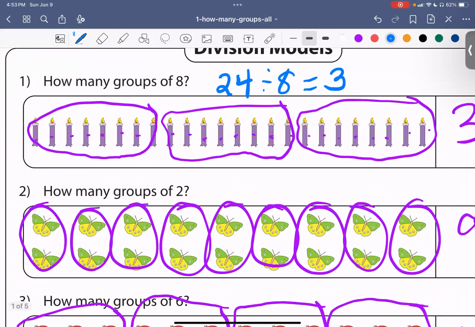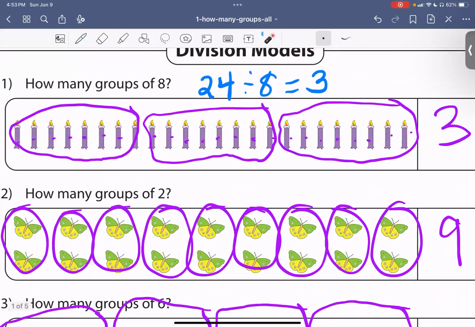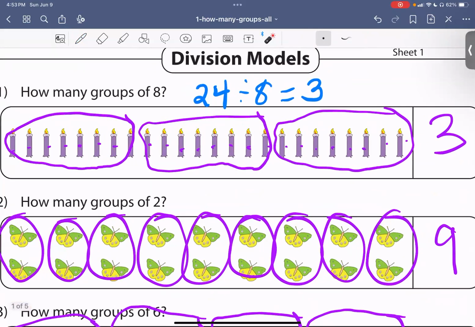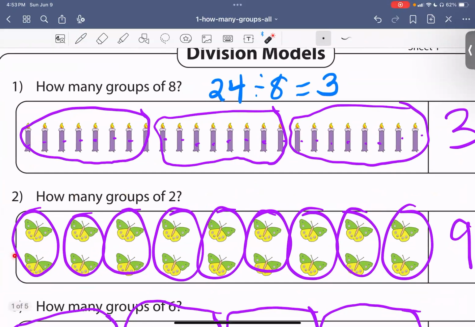Let's look here. We have 9 groups of 2. So if I count all of these up, okay? Or if I do 2 times 9, because remember, multiplication is a fast way of doing addition. I have 18 butterflies.